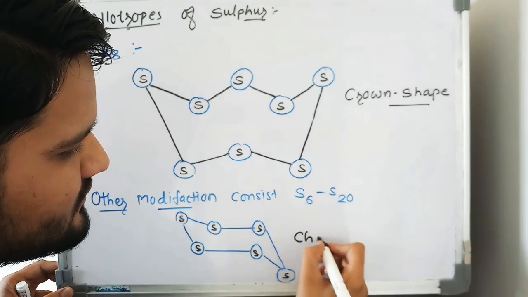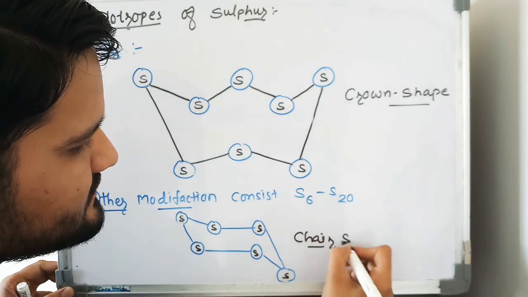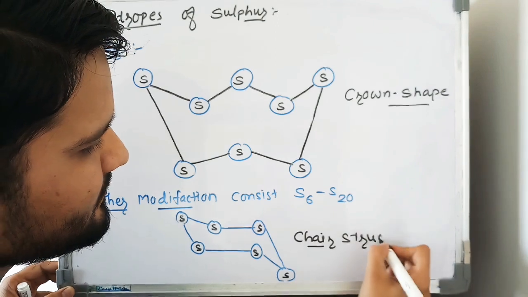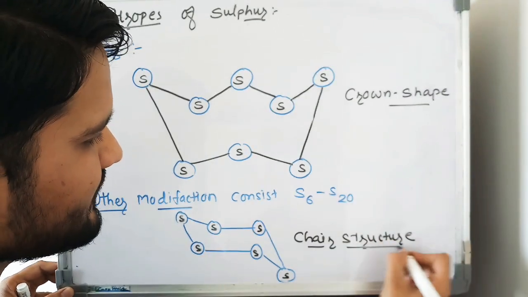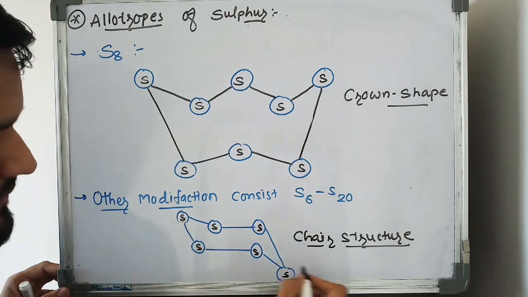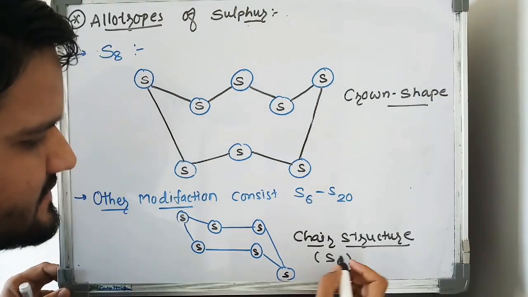So this is called chair structure. It has a structure like a chair, and this is the S6 formation.